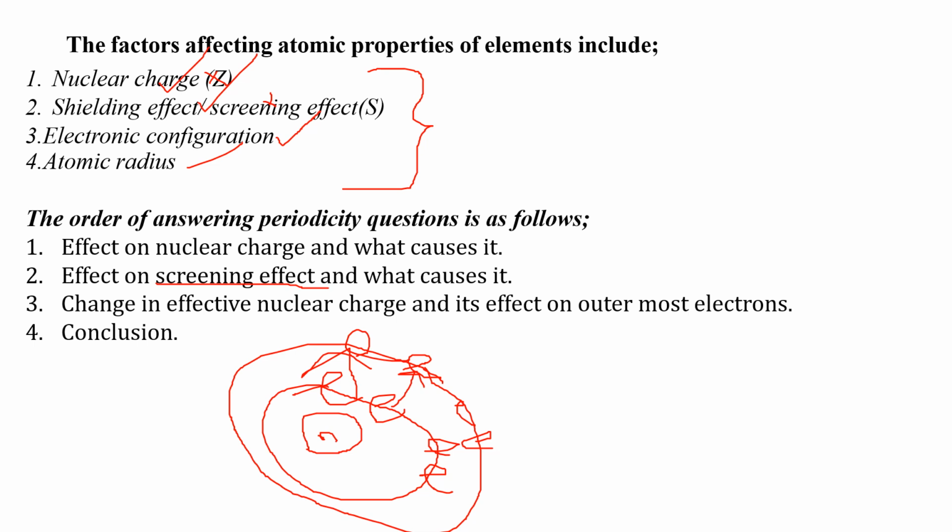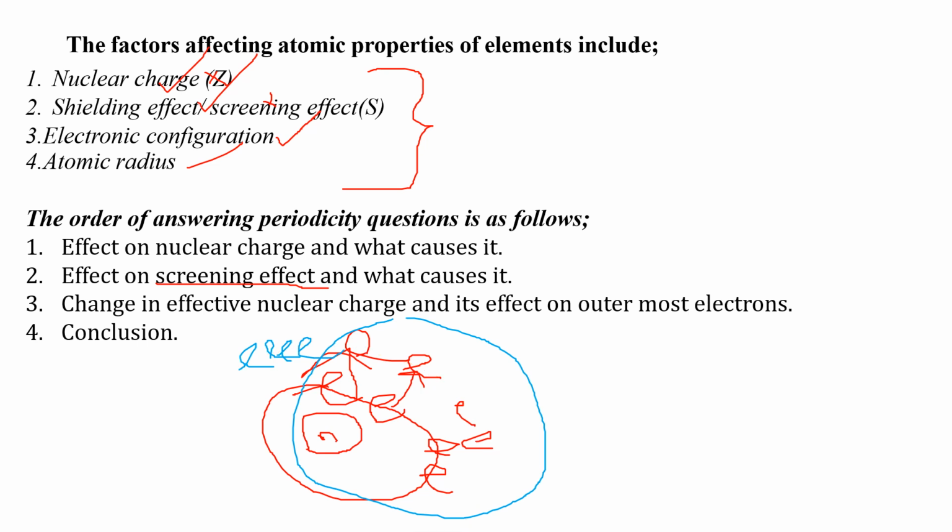So screening effect will be increasing if completely filled energy level of electrons are going to be added, but note that screening effect is going to remain constant if at all the electrons are being added to the same energy level. This is not going to remain exactly constant, but it remains almost constant. And in that case, we shall look at across the period. So across the period, you'll find that electrons are being added to the same energy level. So we expect screening effect to remain almost constant.